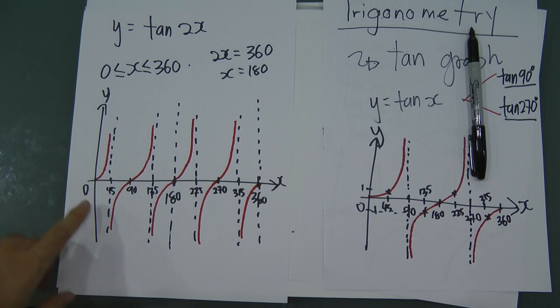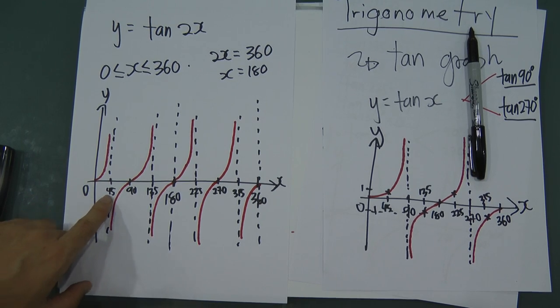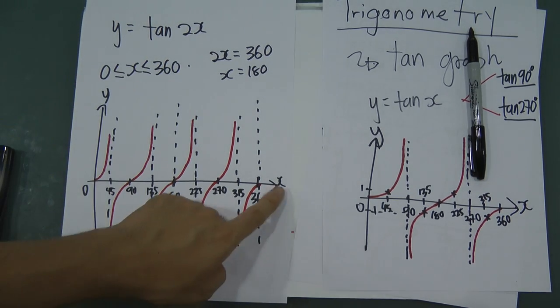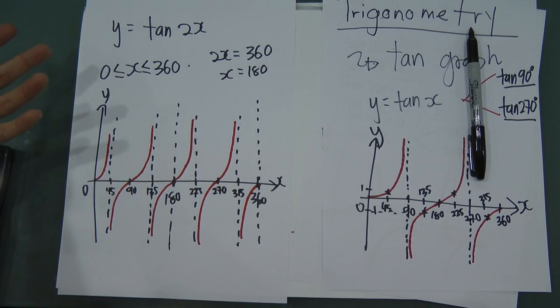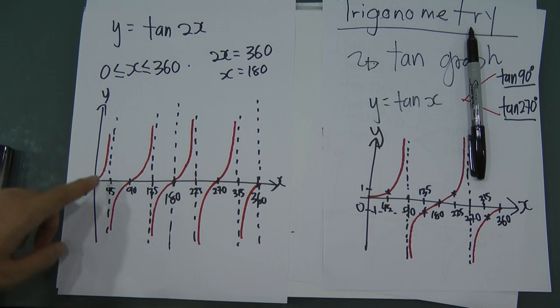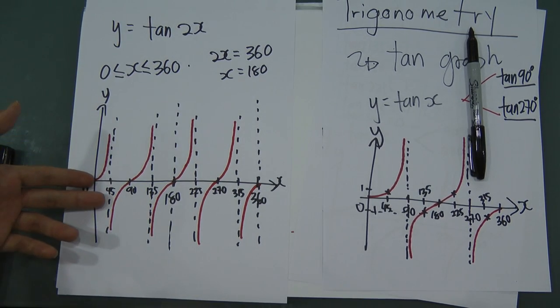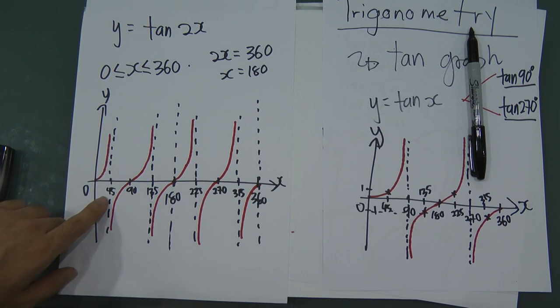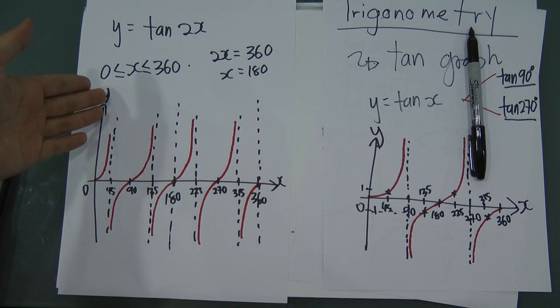So 2x means what? Because just now I said for the tangent graph there are 2 very important angles, which are 90 and 270, correct or not? Okay, so if you substitute 45 into the x over here, because this is x, right? 2 multiplied by 45 you got 90, so that means the graph can never touch 45, because after substituting, 2 times 45 is 90.